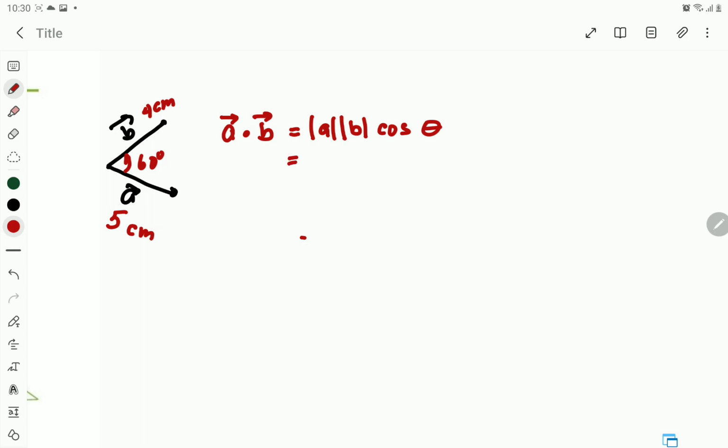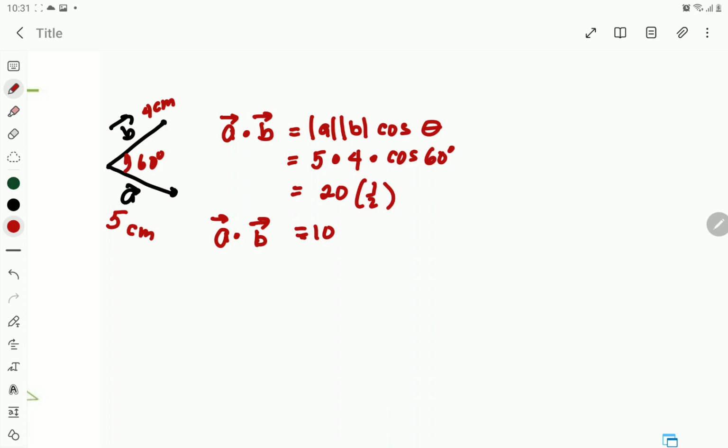So the length of A is 5 times the length of B is 4 times cosine of 60 degrees. And the cosine of 60 is 1/2. So that's 20 times 1/2, which is equal to 10. So A dot B is equal to 10.